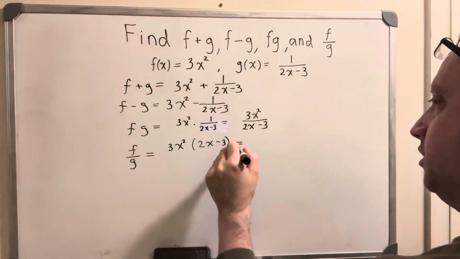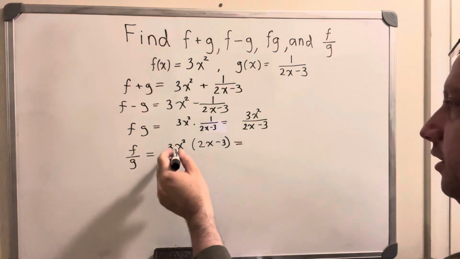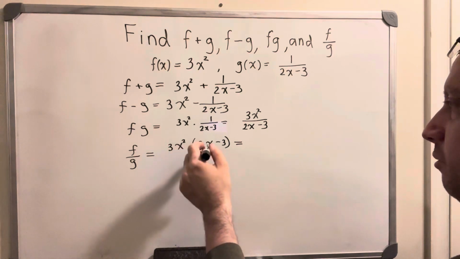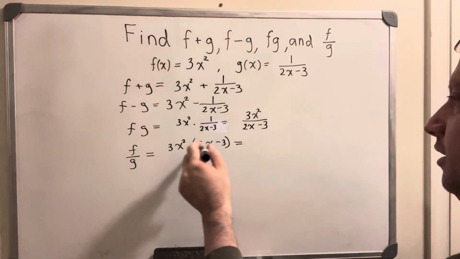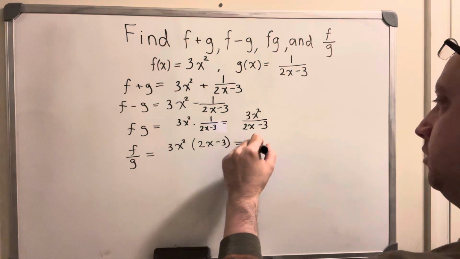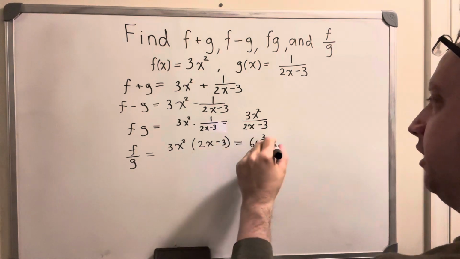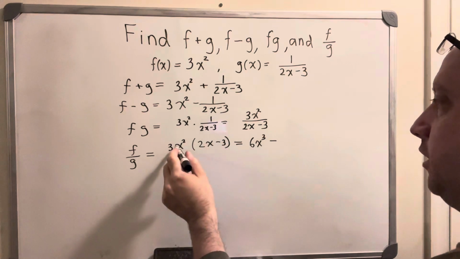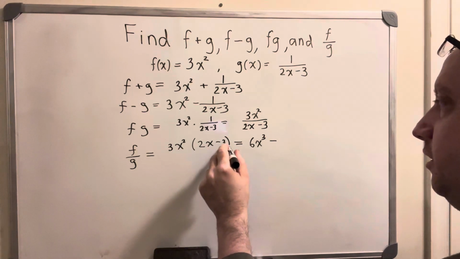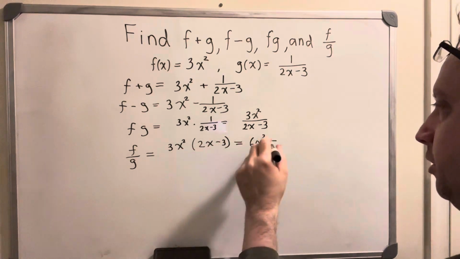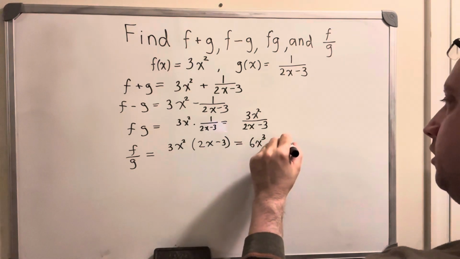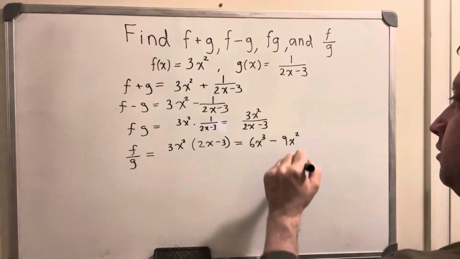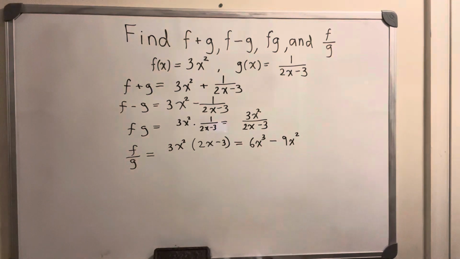And for this one, I will simplify. This is 3x squared times 2x is 6x cubed minus 3x squared times negative 3, or times 3 because I already put the minus, 9x squared. Okay.